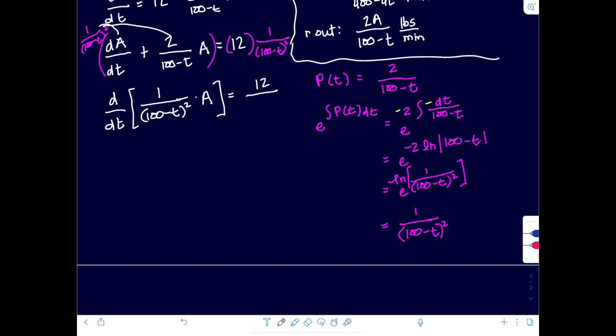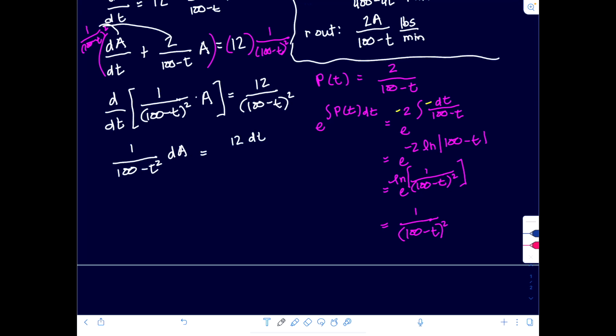Continuing, we will have 1 over 100 minus t squared dA is equal to 12 dt over 100 minus t, the quantity squared.